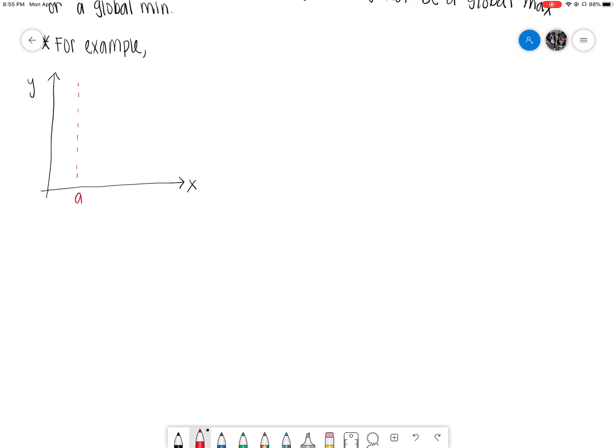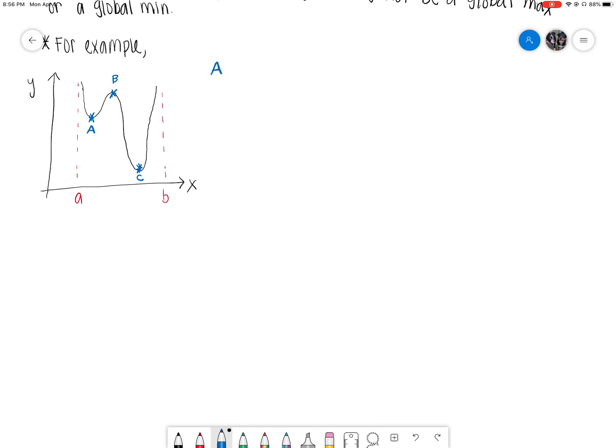We'll say that's A, that's B. We want to draw our function. So there's our function. Where are some interesting points? There's one, there's one, there's one. I'll label those capital A, capital B, and capital C.